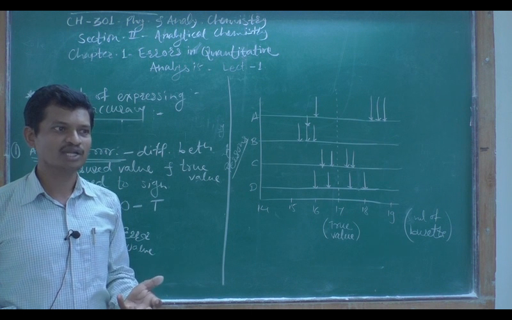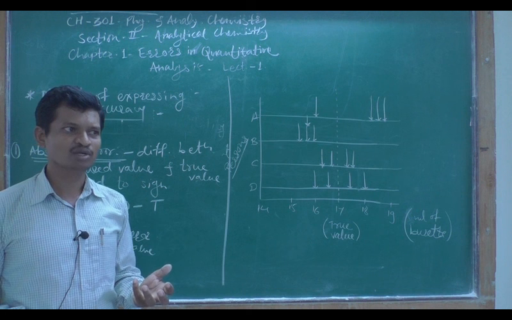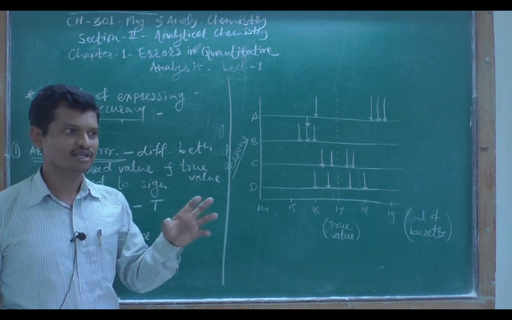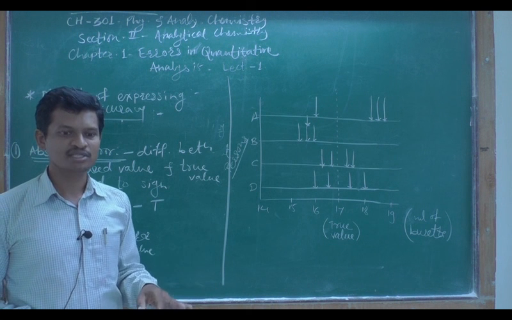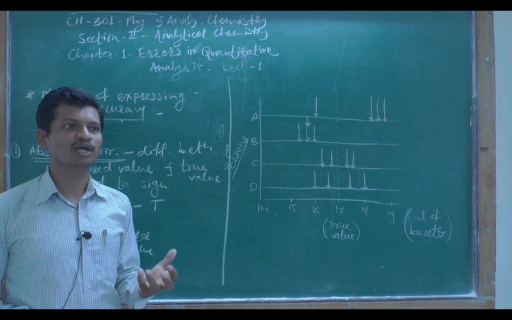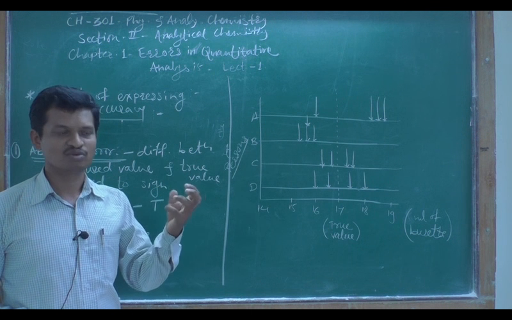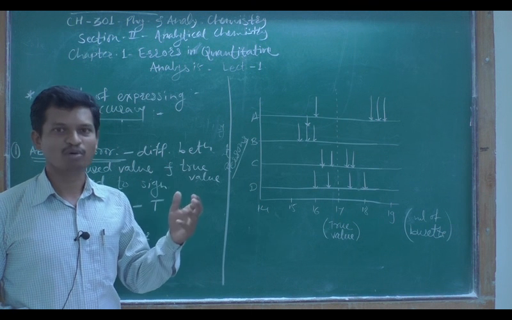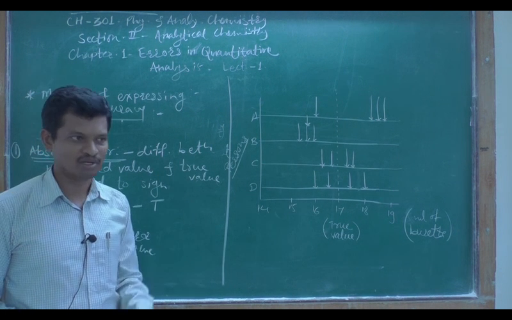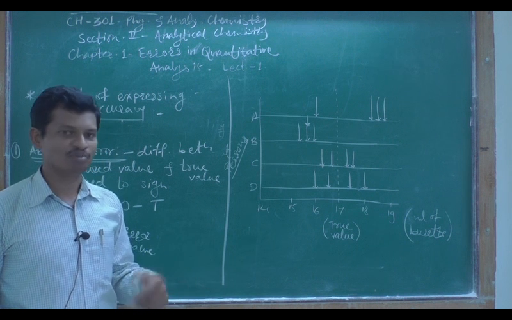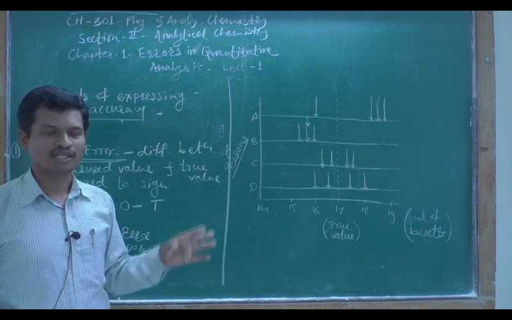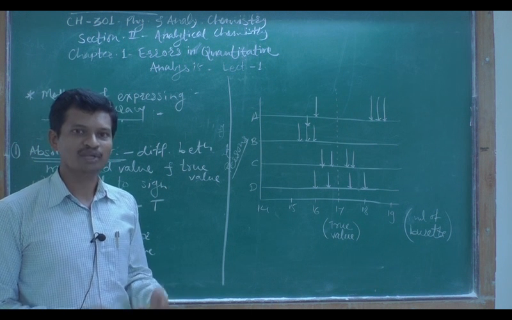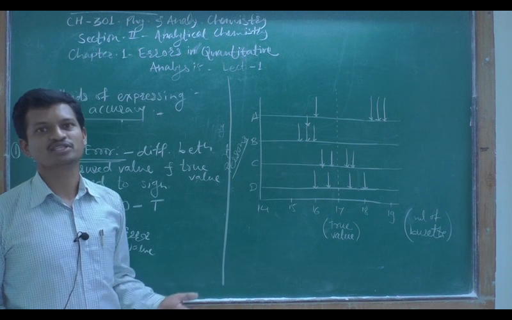In qualitative analysis we get only information about what is present in that particular sample, and in quantitative analysis we get the information about how much of a particular element or compound is present in that sample. That information we obtain from quantitative analysis, and this chapter discusses which errors are obtained in quantitative analysis.